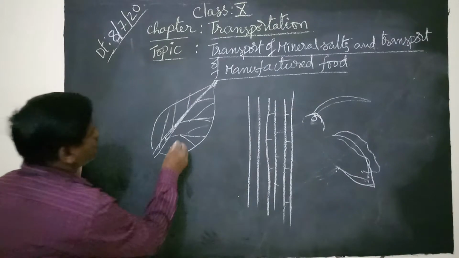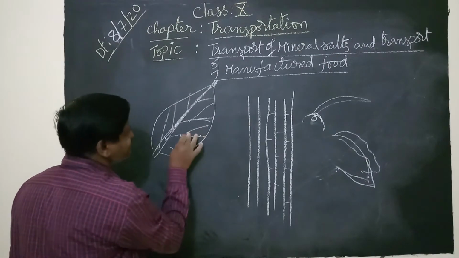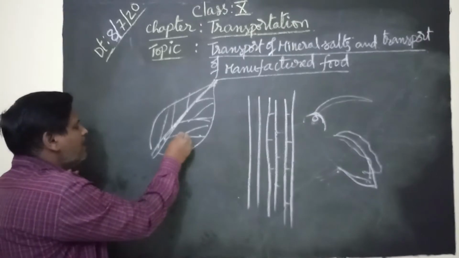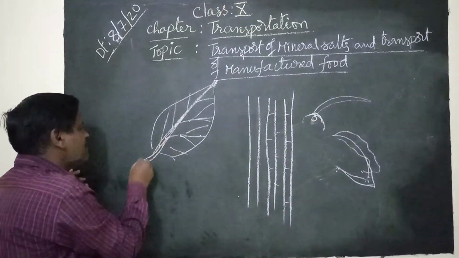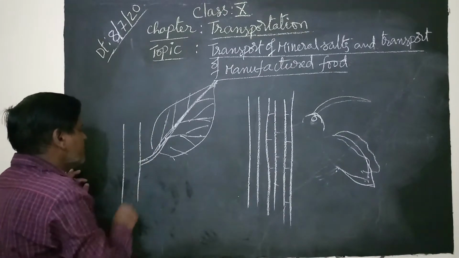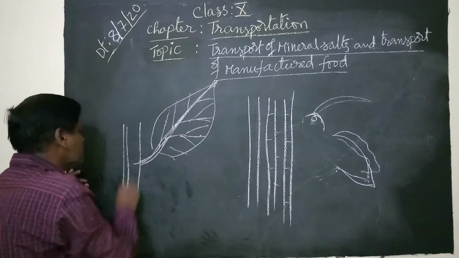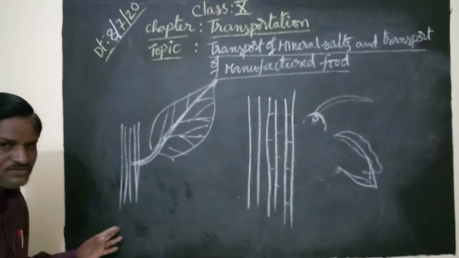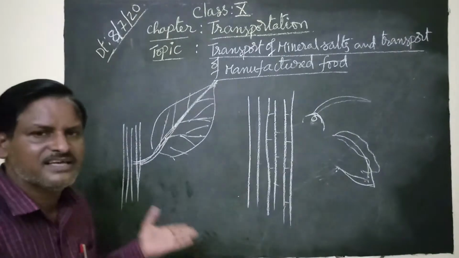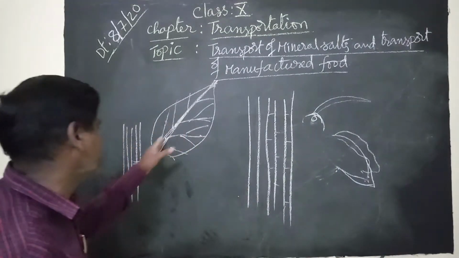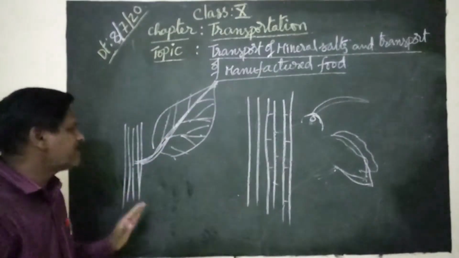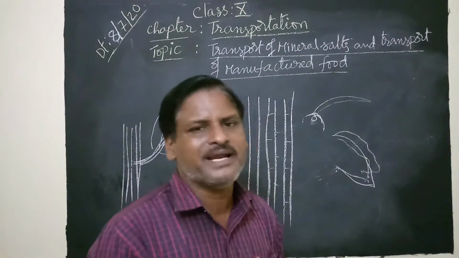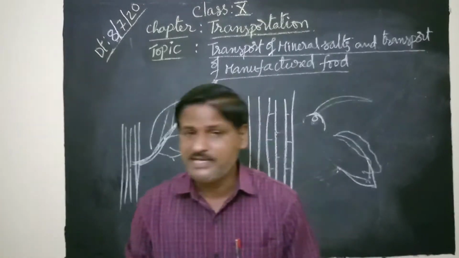It is connected to the cells at the top of the leaves, and these xylem and phloem tubes are also connected to the stem. That means in the stem also phloem and xylem tissues are there, connected to them. So like that, a continuous connection is there to every part of the plant with phloem and xylem.